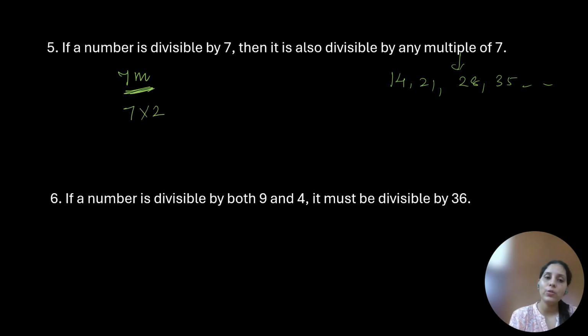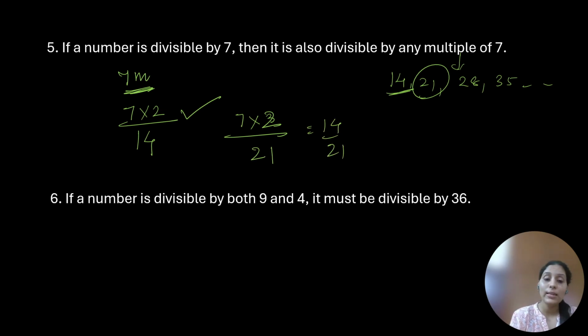Let me take 7 into 2. Is this divisible by 14? Yes, it is. Again, 7 into 2. Is this divisible by 21? 14 by 21, is it divisible? No. 7 into 3, if I take, and divide by its multiple, 21 by 28?